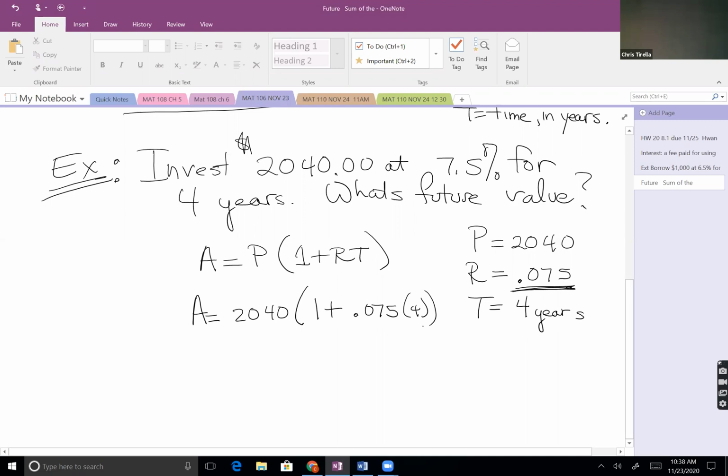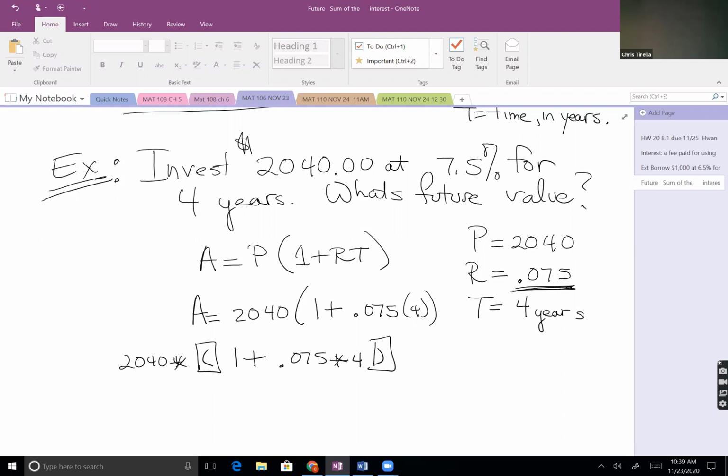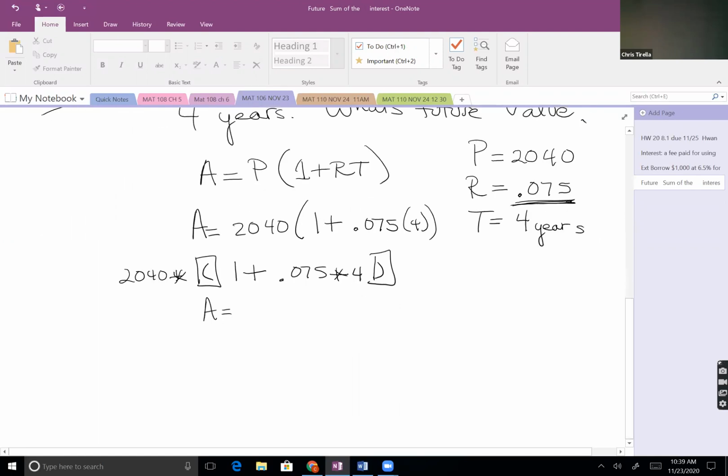With my calculator, I will type 2040 times, and I'll press the button that opens a parentheses, 1 plus 0.075 times 4, and then I'll press the button that closes the parentheses. And so when you type that in, what do you get?